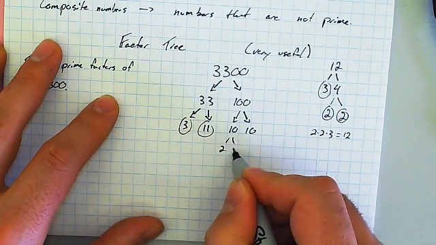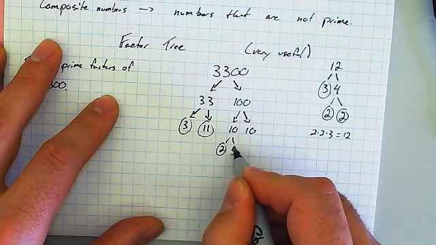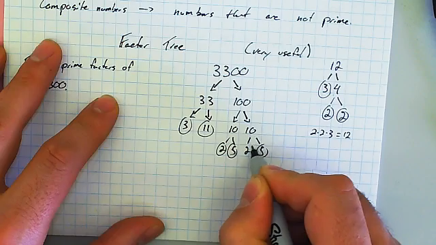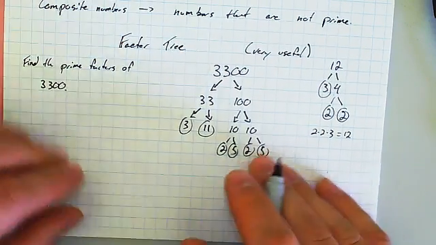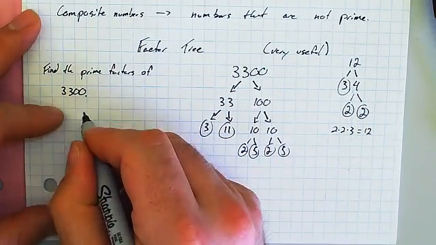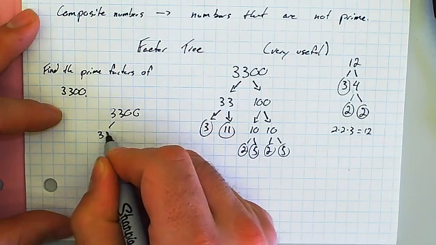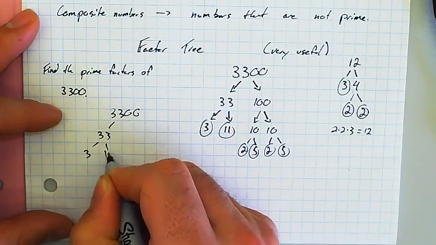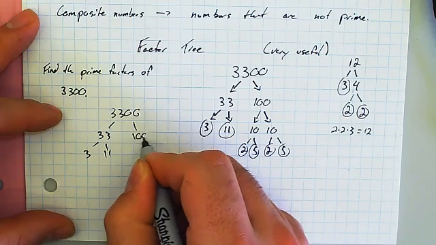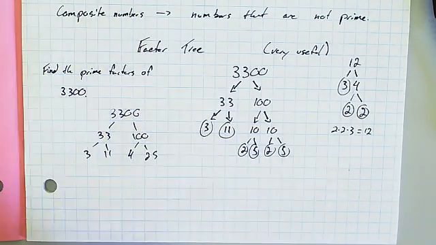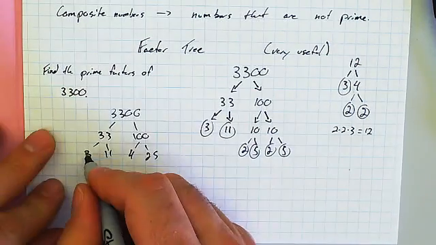Because 10 can be broken down into 2 times 5, both of which are prime, and we'll do that twice. Now let's say I hadn't done that, and instead I had gone 4 and 25.